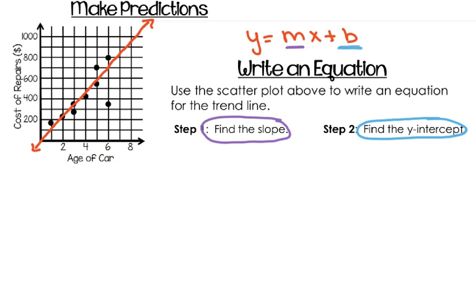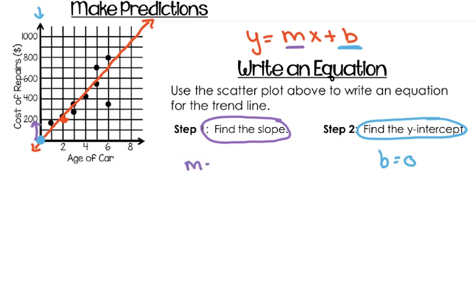So when I look at the line I just drew, I can see that my b, where it crosses the y-axis, is at 0. So my b is 0. And then I need to find my slope. So remember, you kind of want to use exact lattice points, and this is an approximate. So let's see, I can see that I'm going to rise 200.